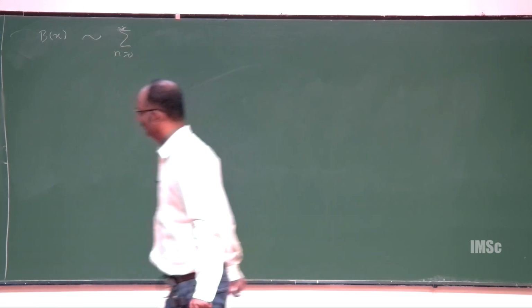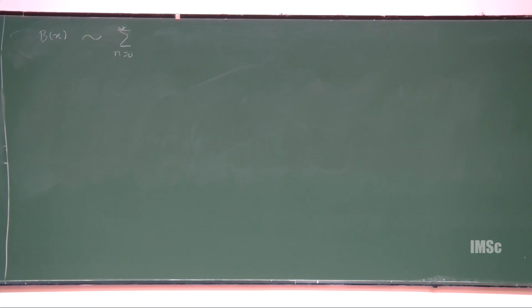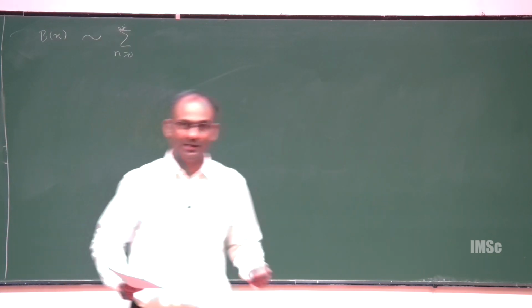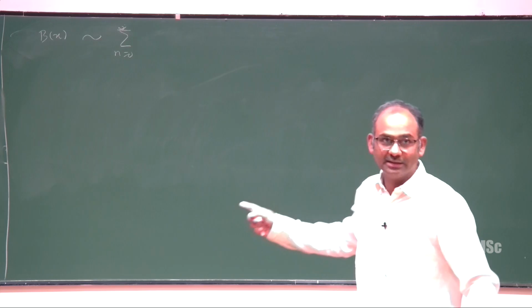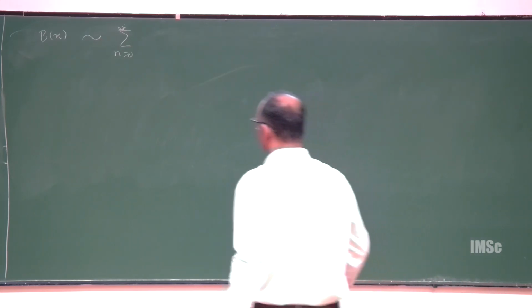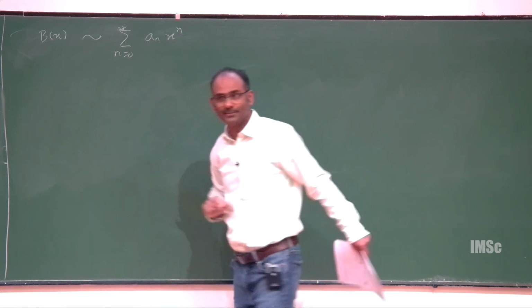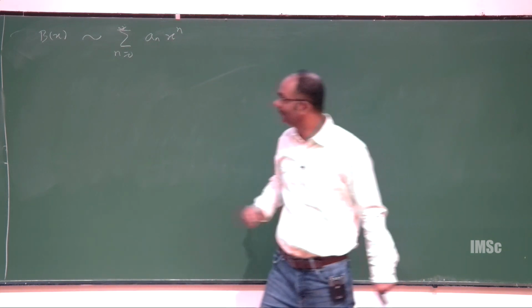and what do you get? What is this integral? It's gamma of n plus 1, it's n factorial, and you have n factorial below, so that cancels, and you get a_n x to the n, right? So see what has happened.